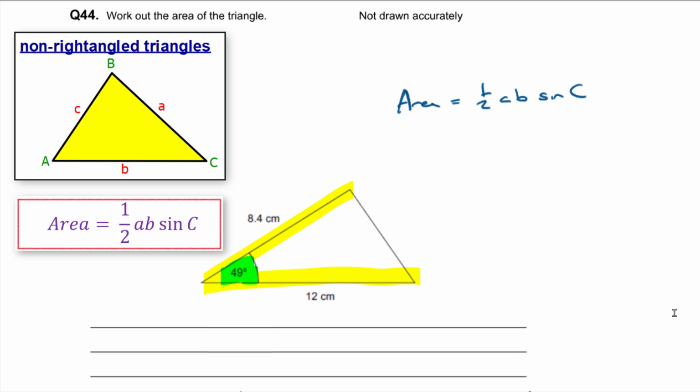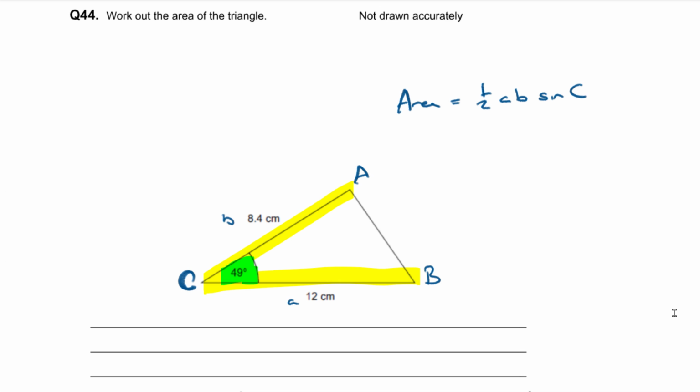If you think about it, if this was angle C, then these two would be A and B, so this would be A and this would be B. So I would have a, b, and sine C. It has to be the two sides and the angle between them. So here I'm going to get area equals a half times A, which is 12, times B, which is 8.4, times the sine of C, which is 49.